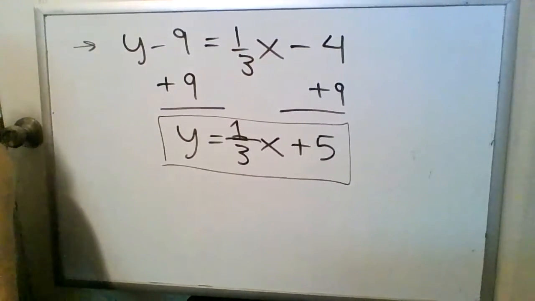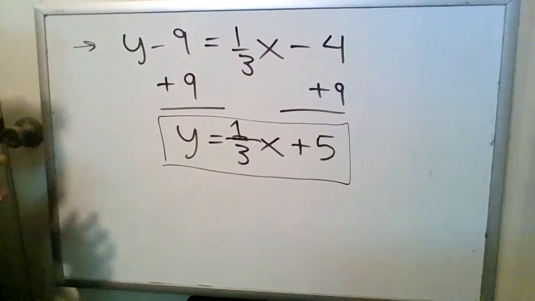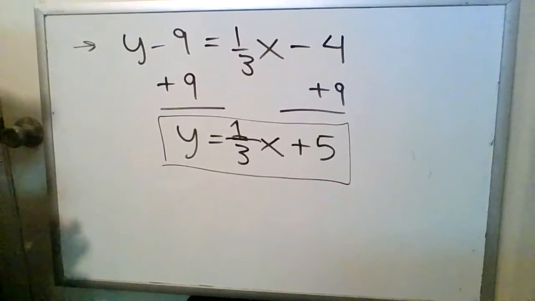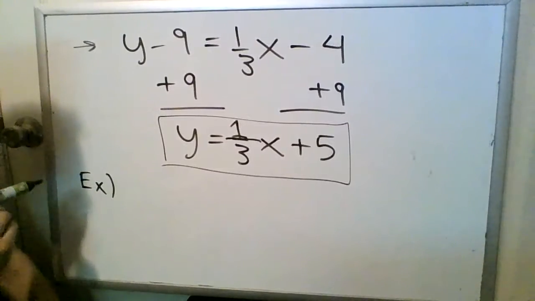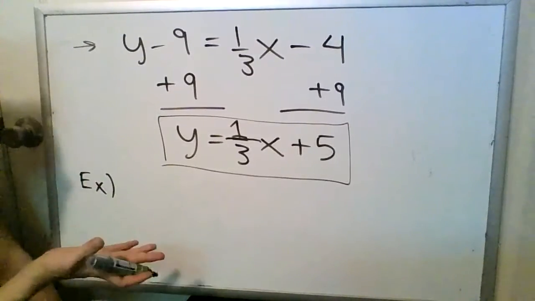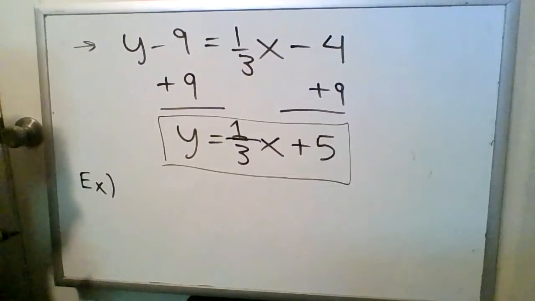Okay, let's do the equation of a line. We're gonna do a similar kind of setup. We're gonna know the slope and a point, but instead of point slope form, we'll use y equals mx plus b.